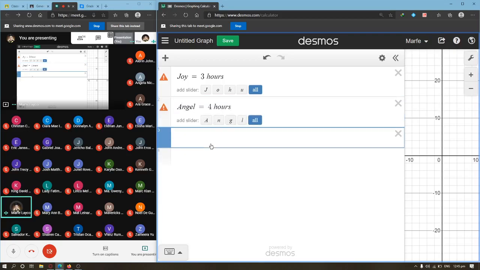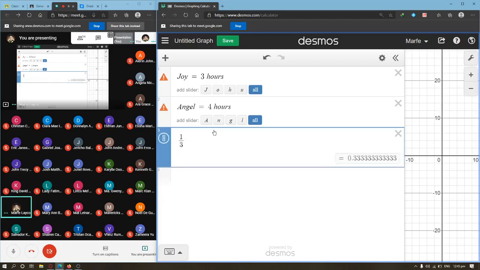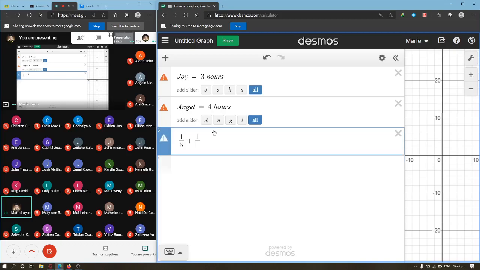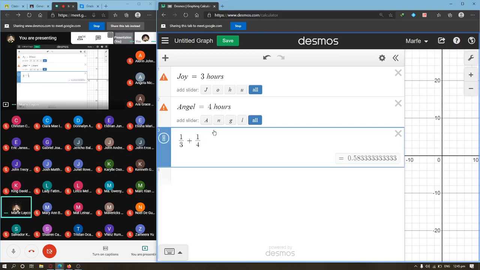So, kapag sila ay nagtrabaho na magkasama, ilang oras lang nila lilinisin yung trabaho na yon. So, ganito lang siya. Isa lang yung trabaho. So, pero 3 hours. Isa lang yung trabaho and 4 hours naman si Angel.